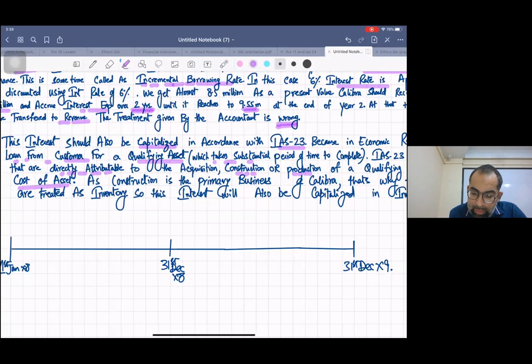Now, a very important line: as construction is the primary business of Calibra. Listen, I hope you remember this basic. Whenever you buy properties for routine resale, then this is your primary business, and this property will be inventory for you. I repeat, for example, some people are investors.